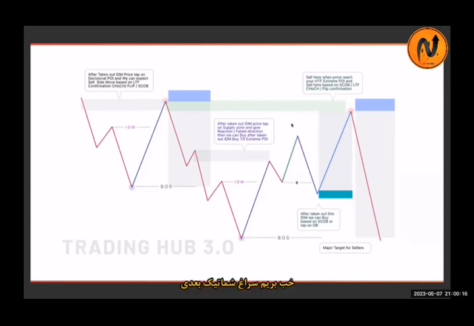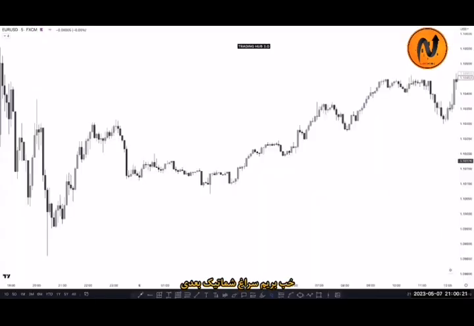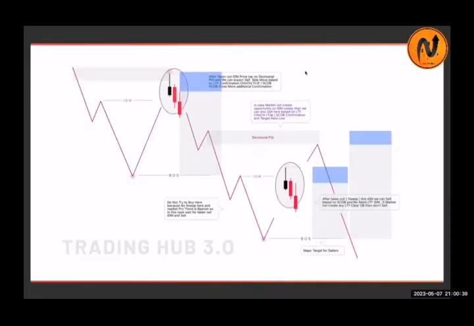Okay. And now I'm going to switch to the next part, next diagram. In this diagram, you can see everything is bearish, but the situation is a little bit different in this case.